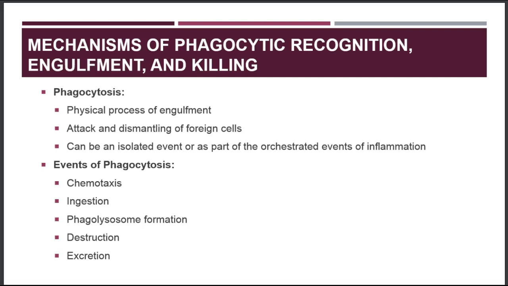There are several events that are components of phagocytosis. First, we have chemotaxis. We've discussed chemotaxis before when we were talking about the movement of microbes and how they either find or avoid certain things. Chemotaxis is also the process that attracts phagocytic cells to sites of infection.